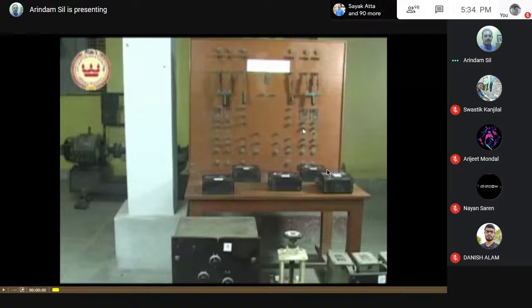Am I clear? So we adjust all these by varying this inductor, observe the reading in the meter, and take it down in the copy in the observation table. Am I clear?